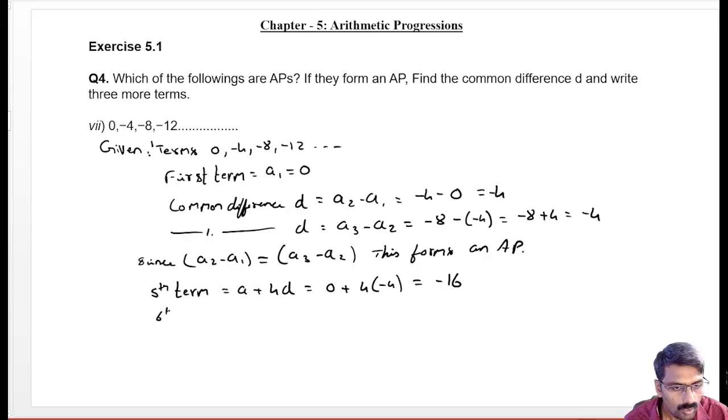And sixth term, A plus 5 times D, which is equal to 0 plus 5 times minus 4, which is minus 20.